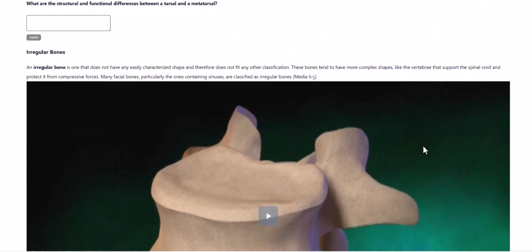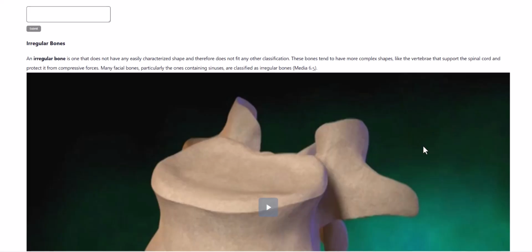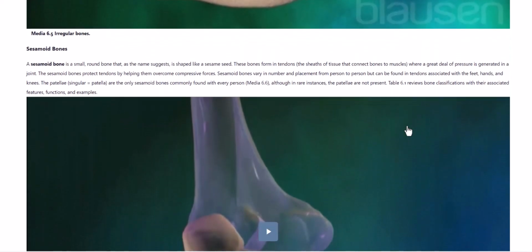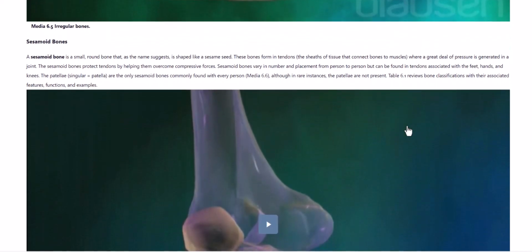The irregular bones, like they say, don't fit into any of the other classifications. The vertebra are a great example of those, as is the ethmoid bone. And then again, the sesamoid bones, small, roundish bones. Patella is the one that you will know the best, and they are always embedded in that tendon.